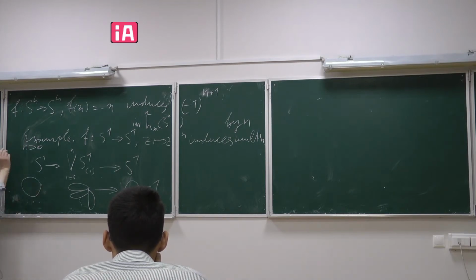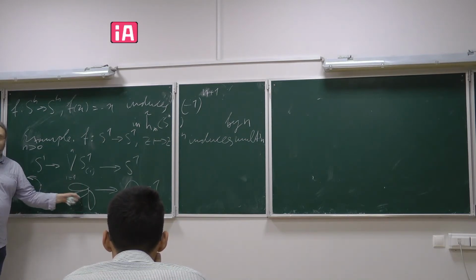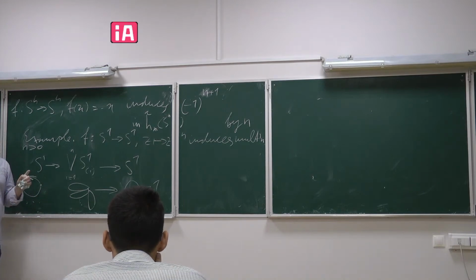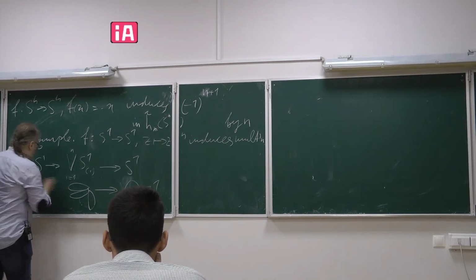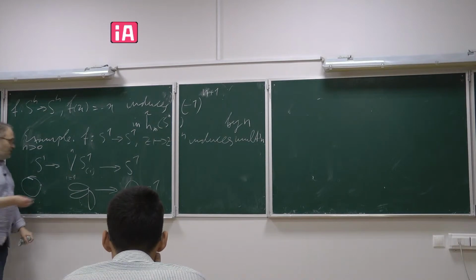But if I want to relate this circle to these circles, I need to specify the map. It doesn't suffice just to say that all these are abstract circles. I need to specify the map.